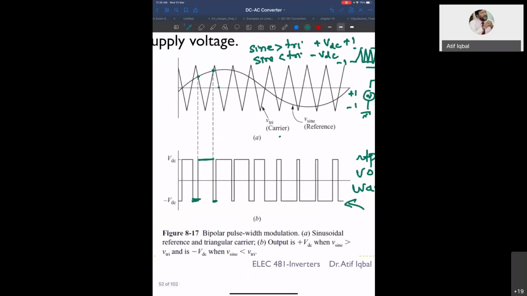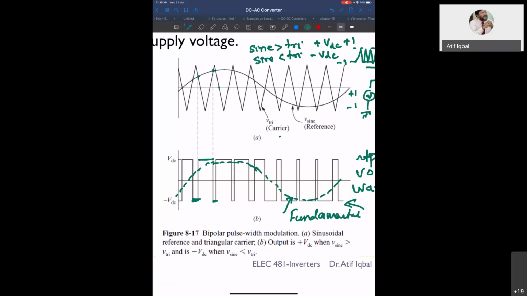Okay. So this is how we get the output voltage. Now you see this output voltage is somehow like a sine wave. If you approximate this, you will see this will look like a sine wave.